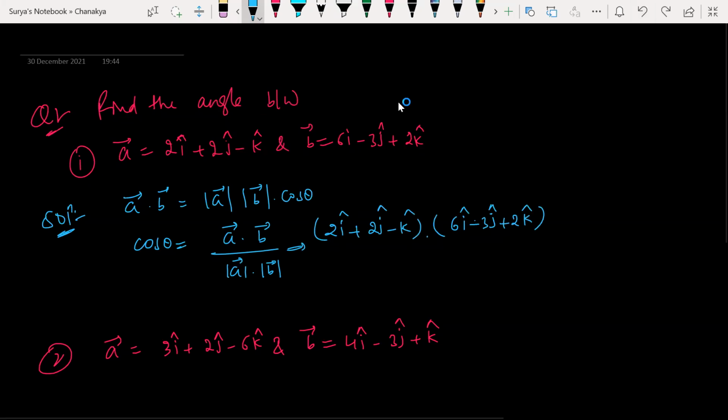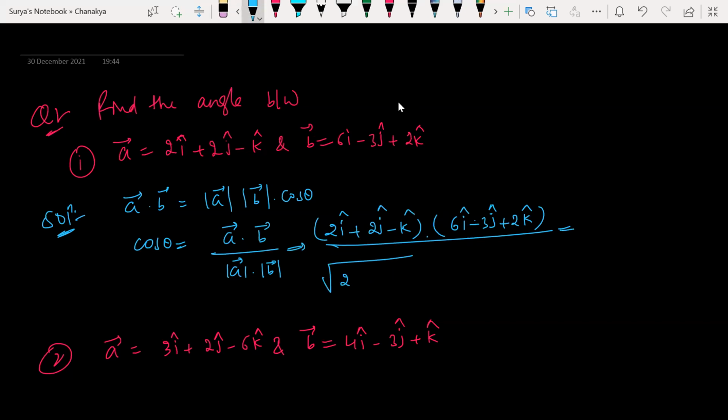upon magnitude of A into magnitude of B. Magnitude of A is what? 2 square plus 2 square plus minus 1 whole square.